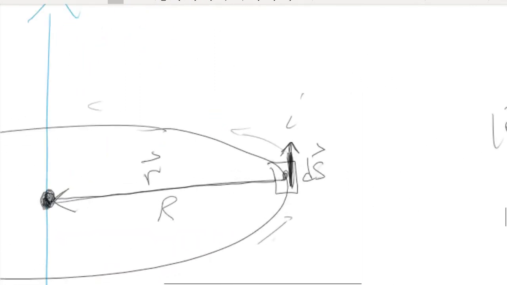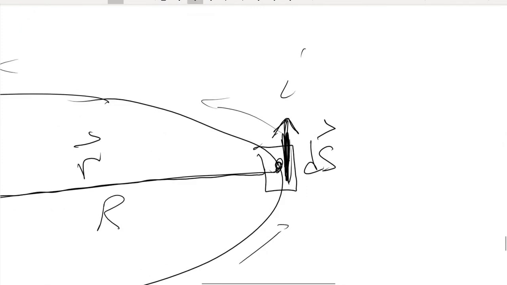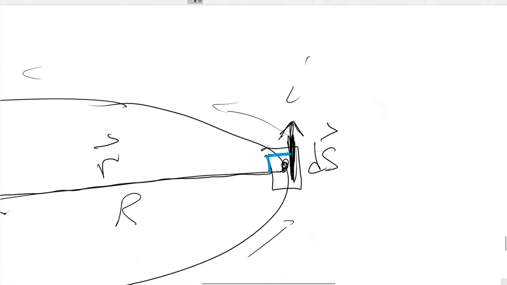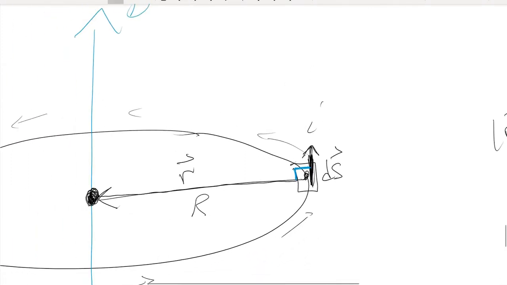But that angle relationship between ds and r is always at 90 degrees. Because ds is always pointing tangent to the rim of the circle, and r is always pointing towards the center of the circle.